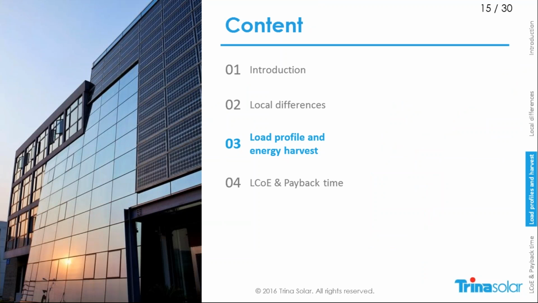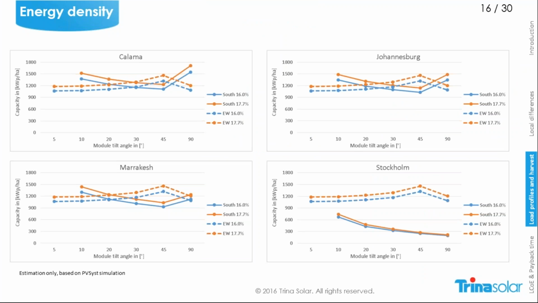Now I want to go to the load profiles and energy harvest. Here I have placed examples. What does it mean to have a different tilt angle for the modules? What does it mean for the capacity? Capacity means how many kilowatts or how many modules you can install, in this case per hectare.